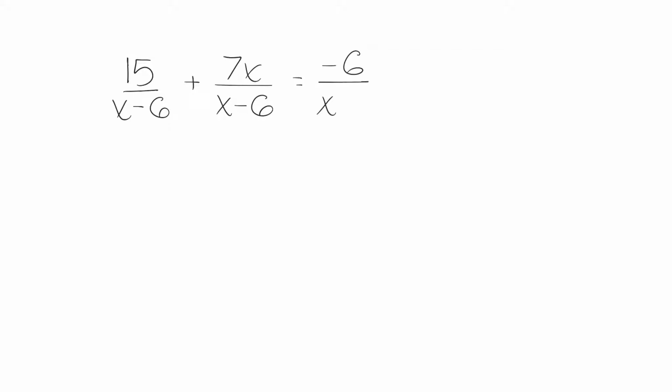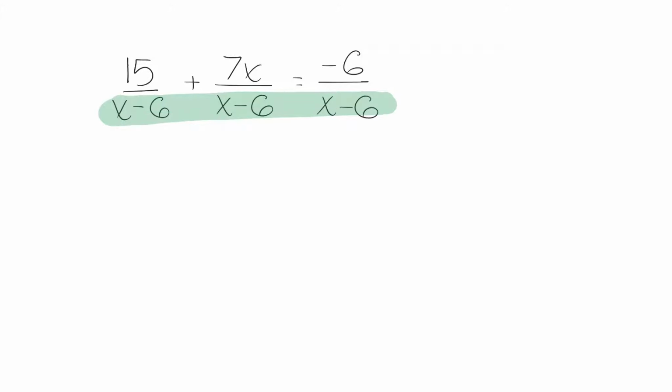What if we start with a problem like this? This is similar to what we just did, but it looks a little more complex. 15 over x minus 6 plus 7x over x minus 6 equals 6 over x minus 6. So right now, this is similar to what we just talked about. We have common denominators.